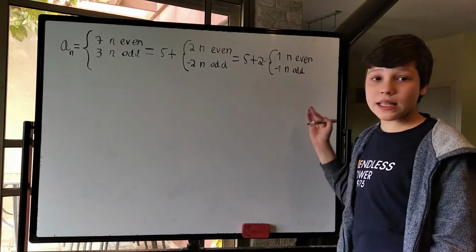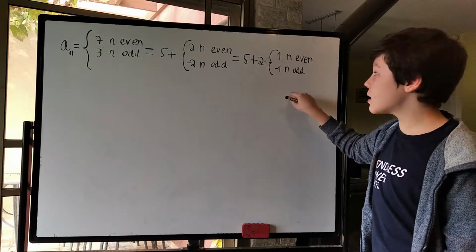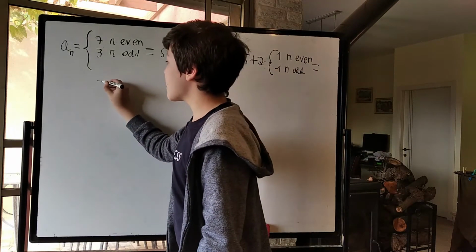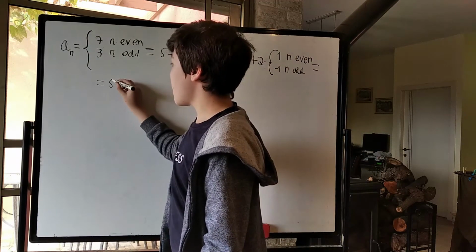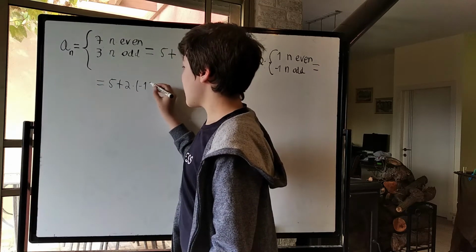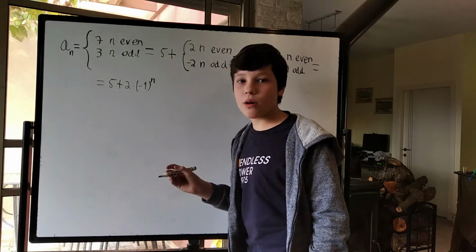And now we know what this is. This is the basic case where everything comes from, negative 1 to the n. So, in the end, this is going to turn out as 5 plus 2 times negative 1 to the n. That was just a quick example.